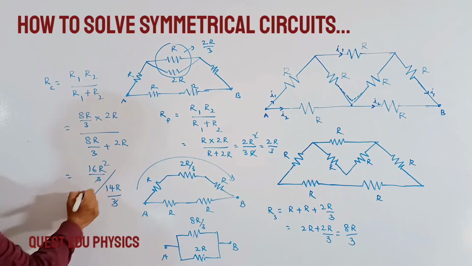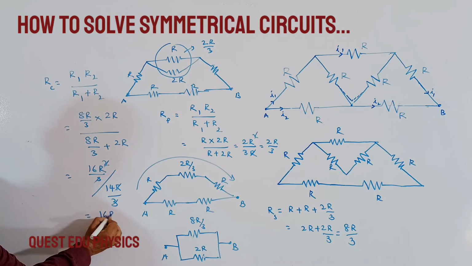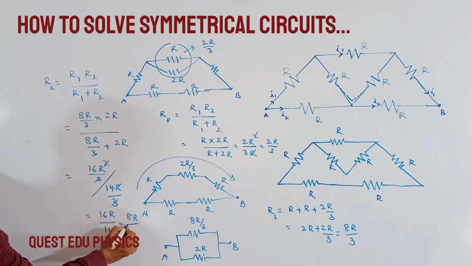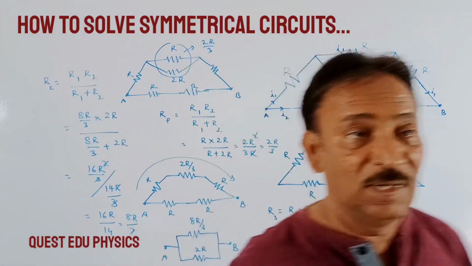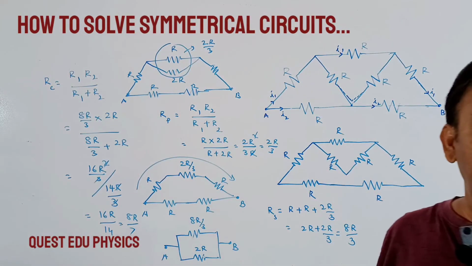The 3 gets cancelled. R cancels with the square. It is 16R by 14. That is 8R by 7. In this way, you can solve these kind of circuits, students. I hope you understood how to solve these kind of circuits.